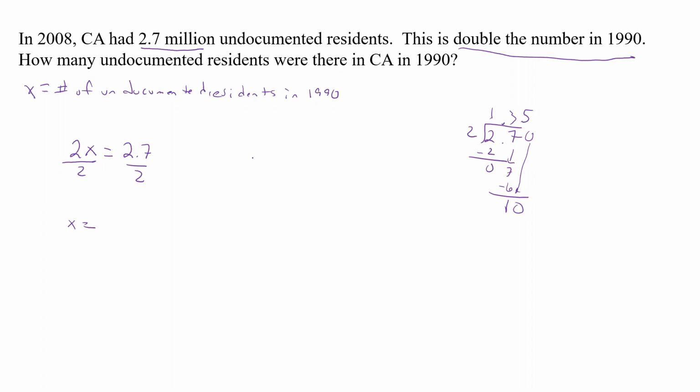So it looks like that when we do that, that's going to give us 10, subtract that 0. X is equal to 1.35 million people, okay, that were undocumented residents in California. So that one was another simple one where we just had to take and divide by a simple number, and we just had a decimal division basically to work with.